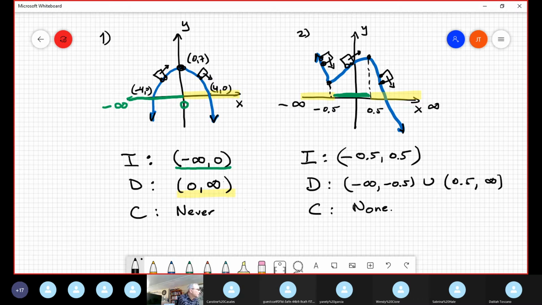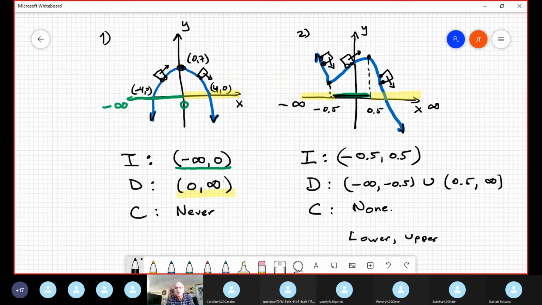Let me read again. Determine the interval over which the function is decreasing, increasing, and constant. Write your answer in interval notation. So I want the answer in that way, guys. Interval notation, remember, is the way in which you put, using parentheses or square brackets, a lower bound separated by a comma from the upper bound, which specifies the interval.